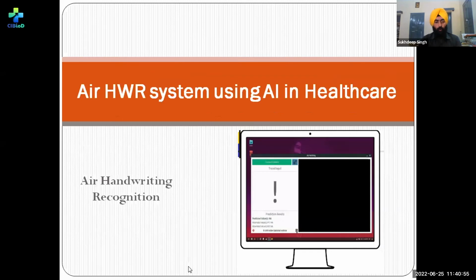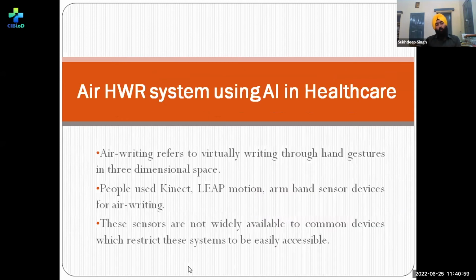As far as air handwriting recognition is concerned, we will not use any surface for writing. We directly write in three-dimensional space.